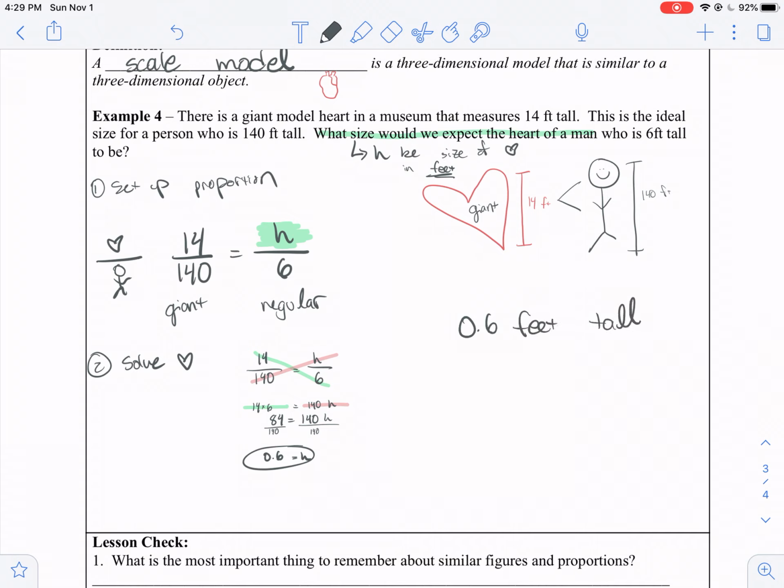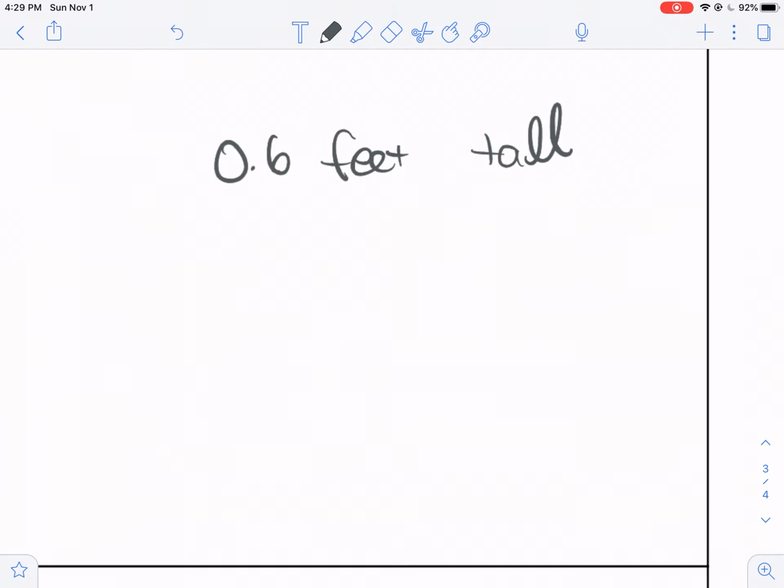I don't know how big 0.6 feet tall is, so I'm going to convert that to inches real quick in a second proportion. So you have 0.6 feet over, did we do conversions yet in this class? I'm doing my lessons all out of order. I know 1 foot is 12 inches.